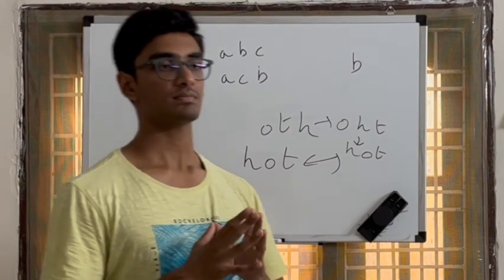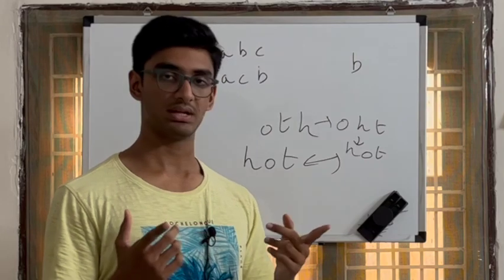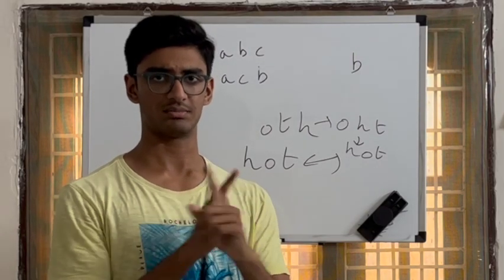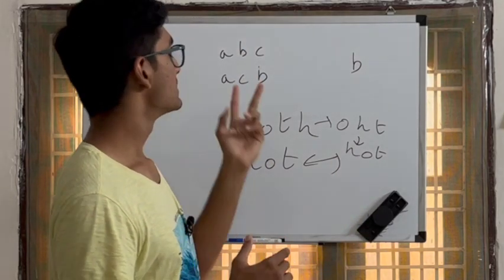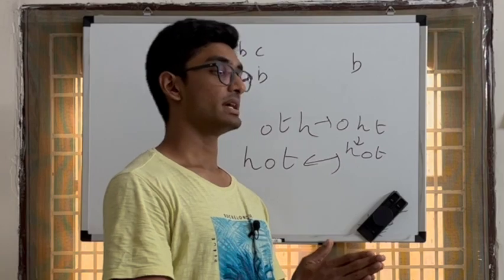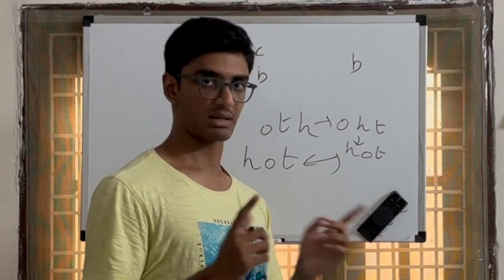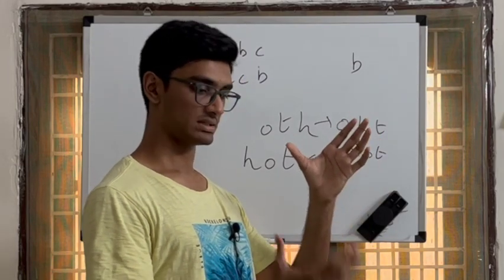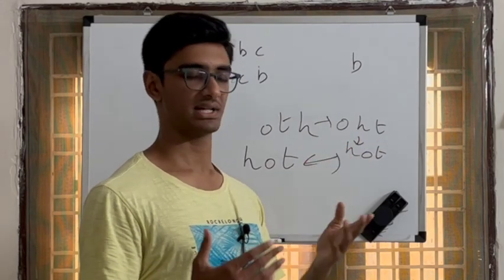But how can you know whether we have to use A or B or both? First, let's look at B, swapping these elements. In case of swapping, we can swap any two letters, any number of times. So no matter how disfigured this word is, you can swap them and you'll get this word, in a finite number of moves.